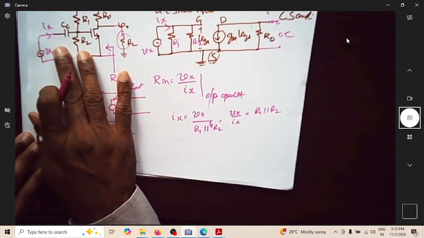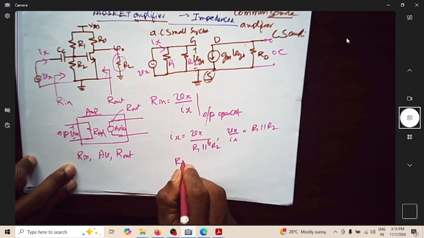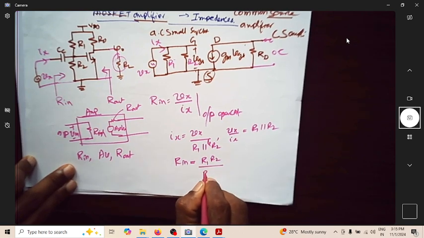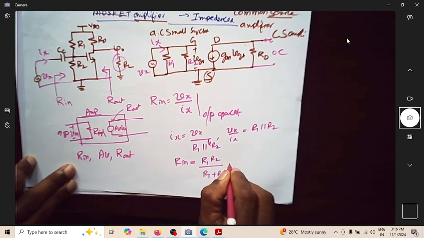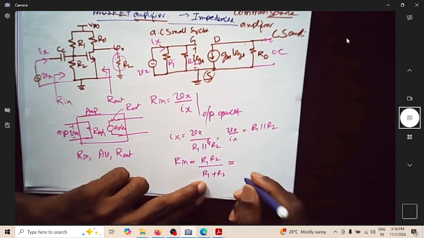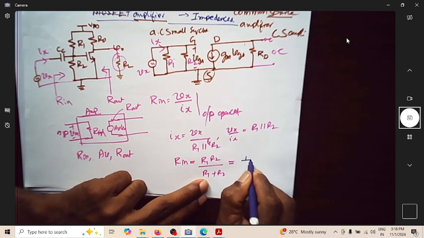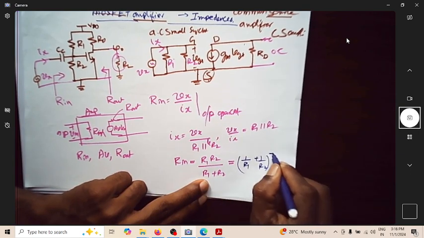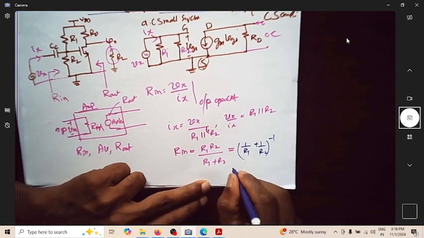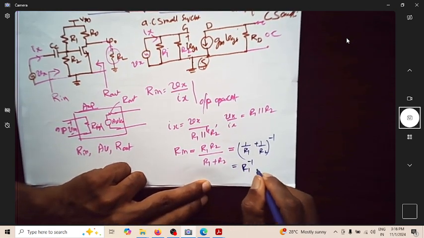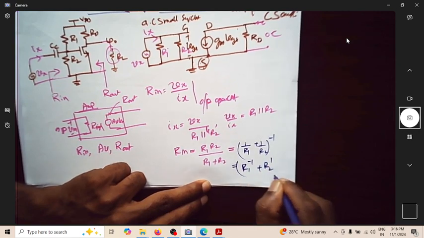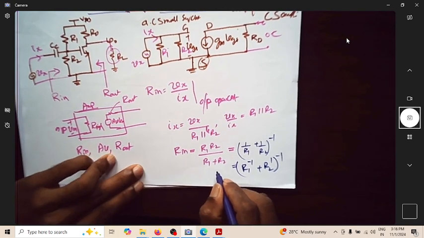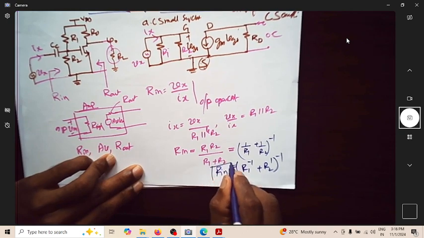So for this amplifier, R in is nothing but R1 R2 divided by R1 plus R2, or this is also equal to 1 over R1 plus 1 over R2 whole inverse, or you can write it as R1 inverse plus R2 inverse whole inverse. So this is the Rin value.